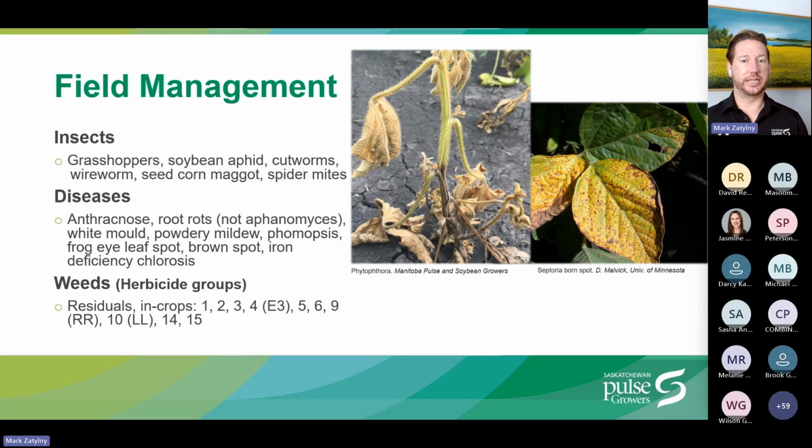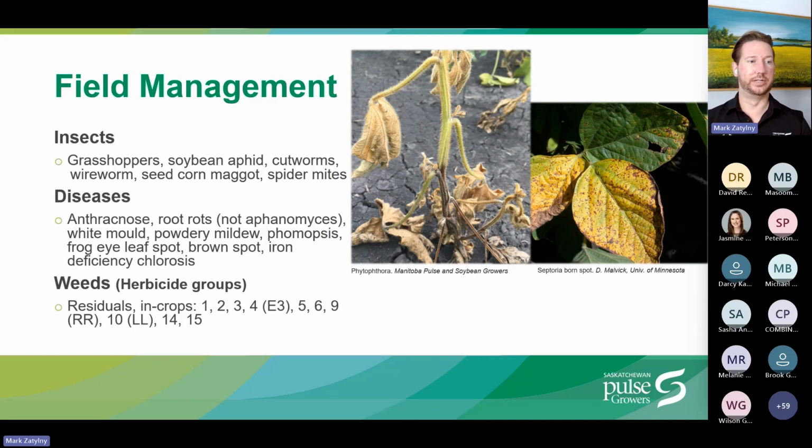Diseases, you're likely going to have to do at least one fungicide application. It is very important to scout and determine if it is a fungal disease or a bacterial blight. That will kind of dictate what different products you want to use. It is impacted by all the normal ones, and root rot is there as well, that I will talk about in a second here, but not for Aphanomyces, which is good.